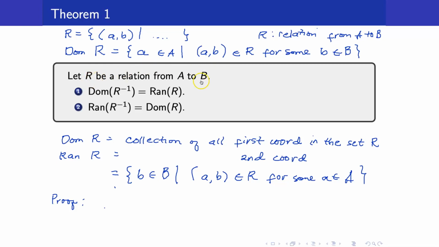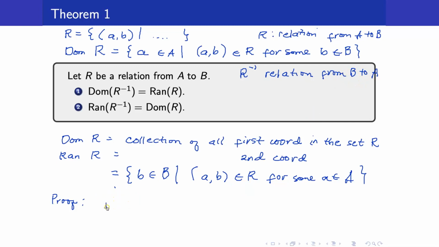Take note that R is a relation from A to B, so therefore R inverse is a relation from B to A, correct? So therefore the domain will be coming from B. Actually the domain is, yes, coming from B. It is a subset of B times A.